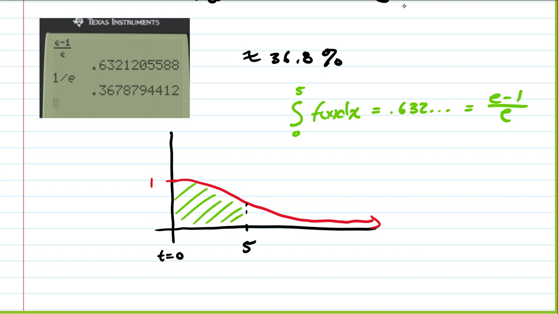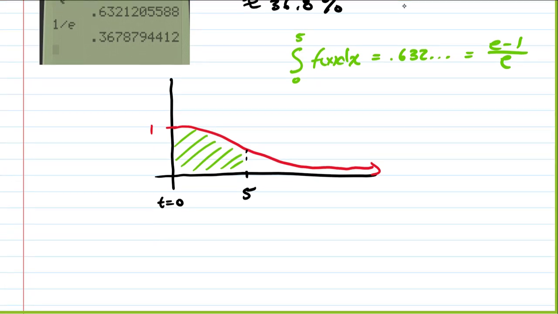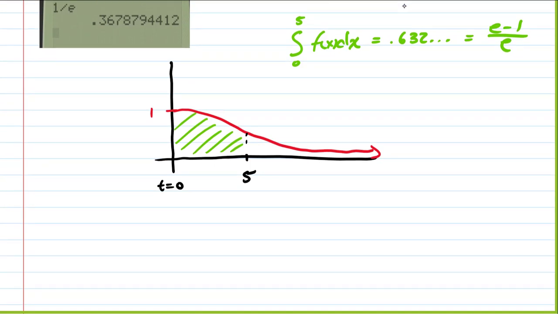So we got this area right here was the decimal 0.632. So let's call this A1. The second thing we were trying to find was this area that went on forever. And what did we call it? Let's call it A2.